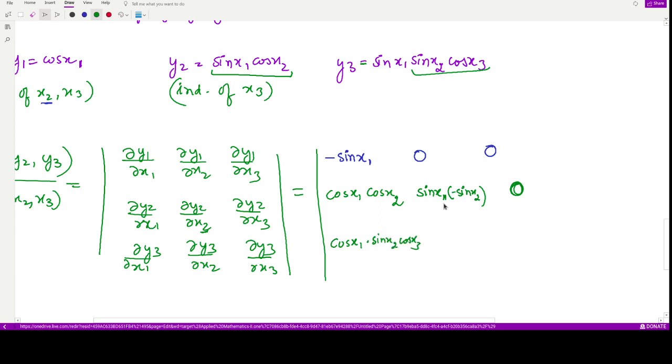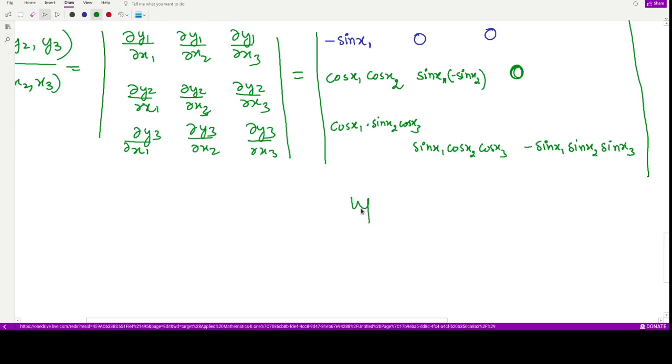And then for the second term, it would be sine x1 cos x2 cos x3, and then for the third term it would be minus sine x1 sine x2 sine x3.